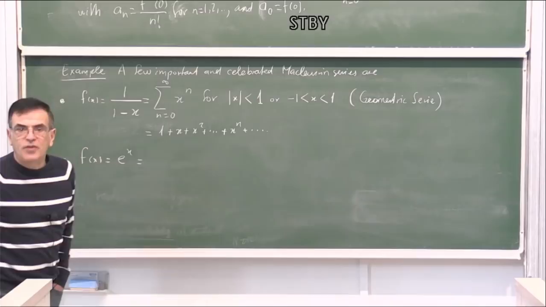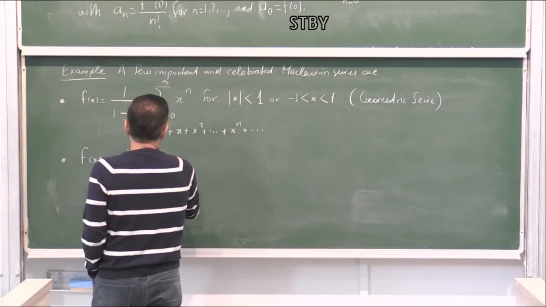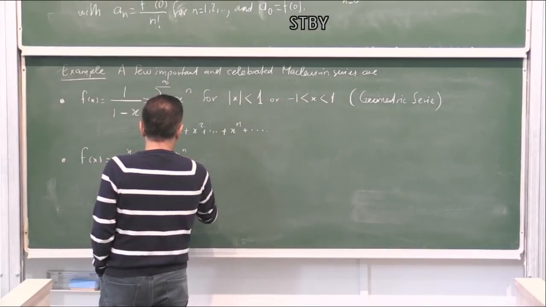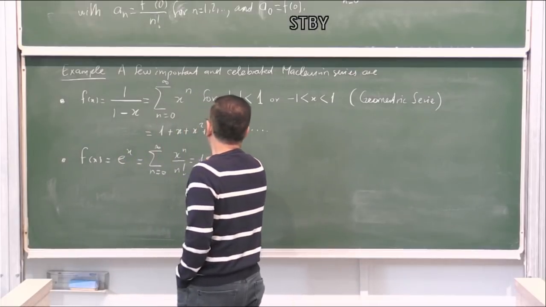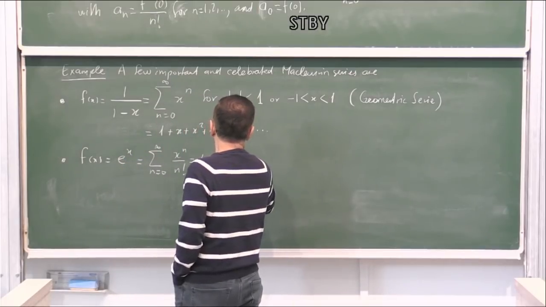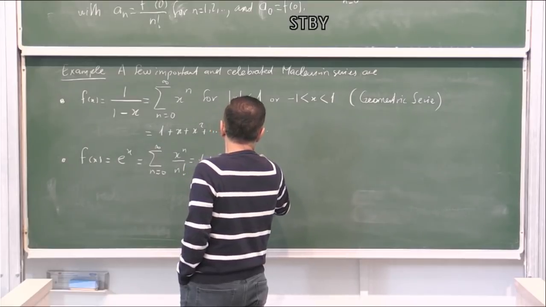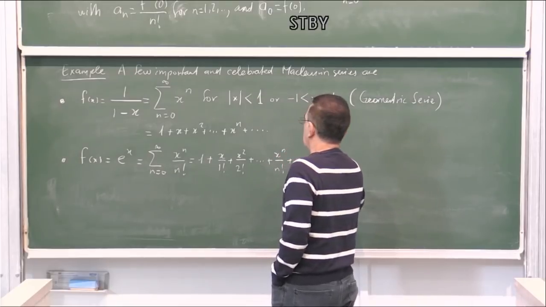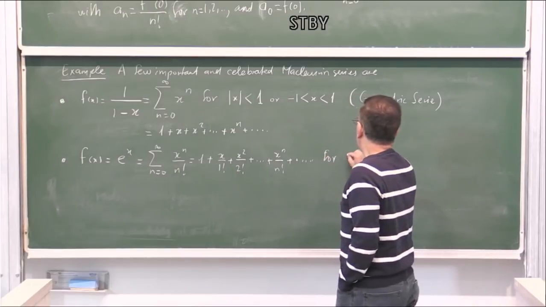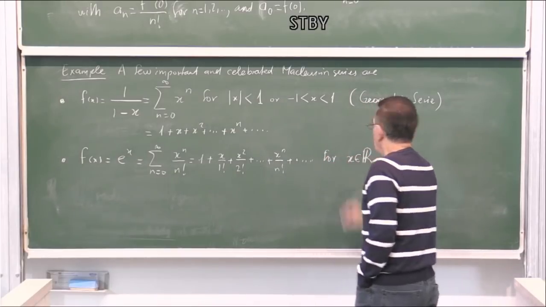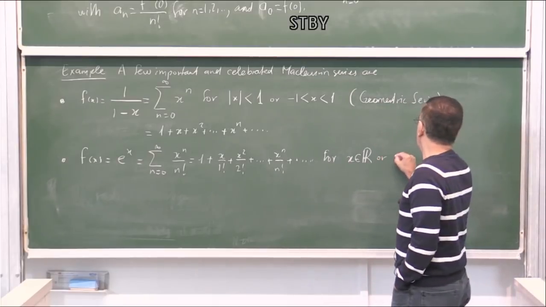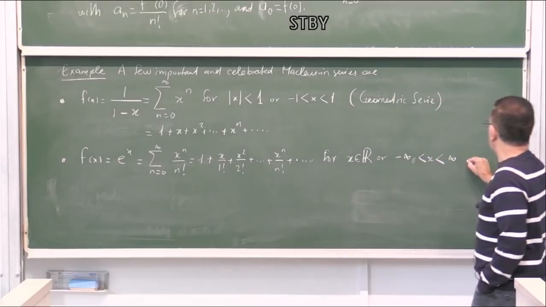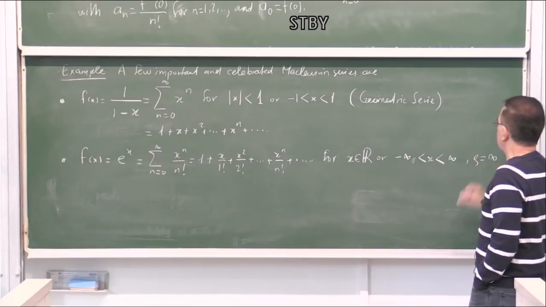Or the Maclaurin series for the exponential function has this form: the sum of x to power n over n factorial. This is very well known. 1 plus x over 1 factorial plus x squared over 2 factorial plus x to power n over n factorial, dot, dot, dot, for all x, or from minus infinity up to infinity, in the case where rho is infinity.